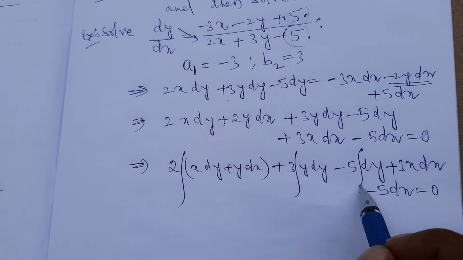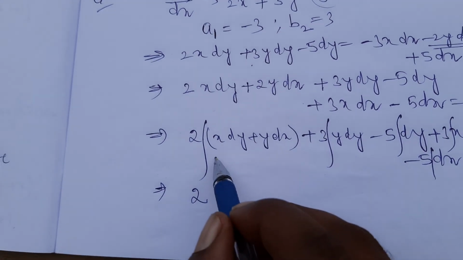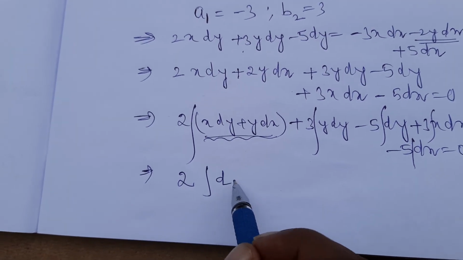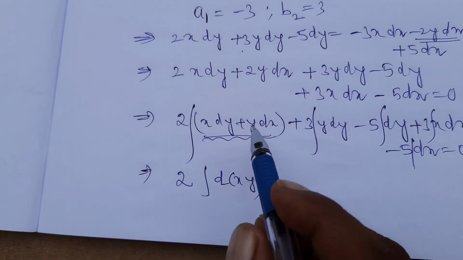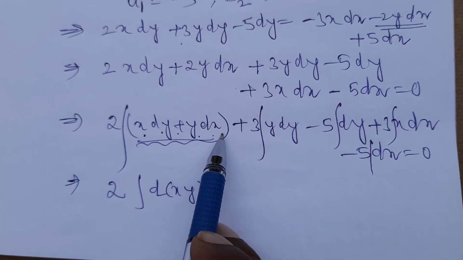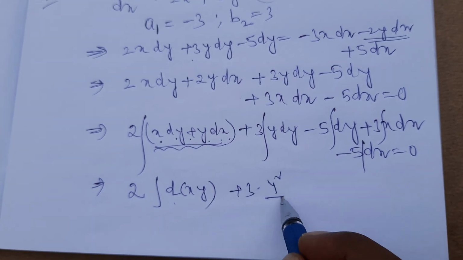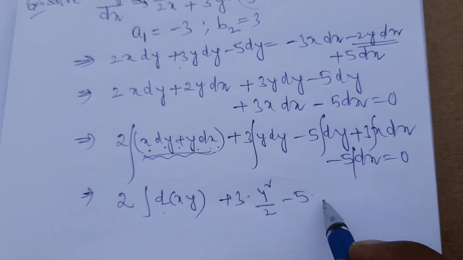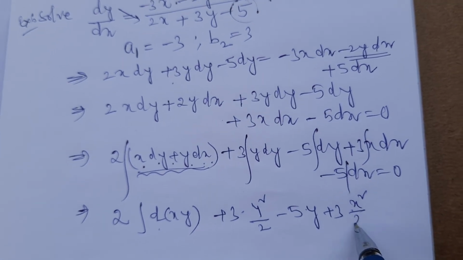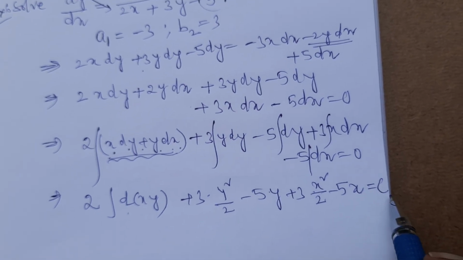Apply integration everywhere. The first term x dy plus y dx is the derivative of xy, so we get 2xy plus 3 into y square by 2 minus 5y plus 3 into x square by 2 minus 5x equal to the integration constant c.